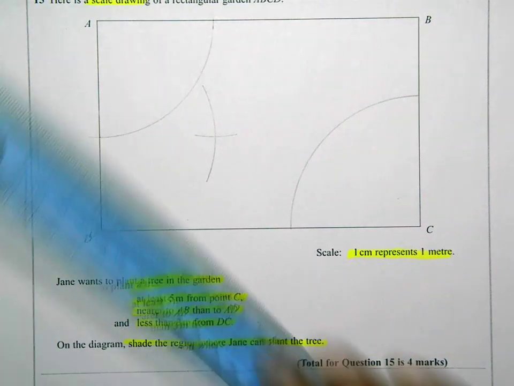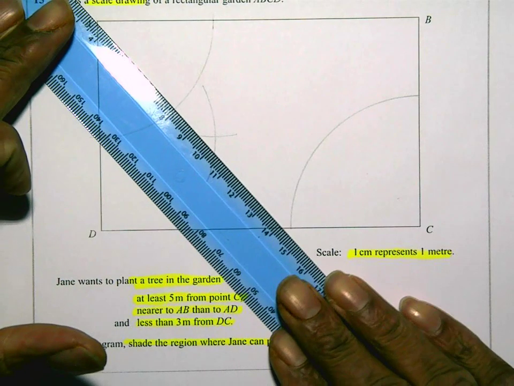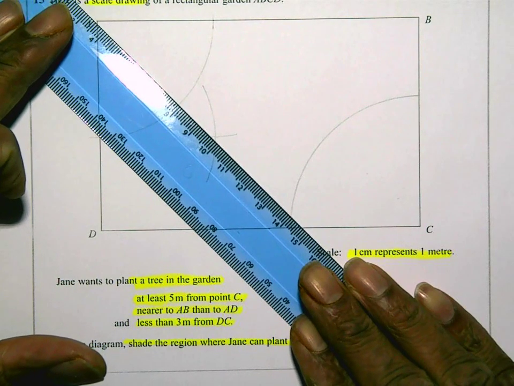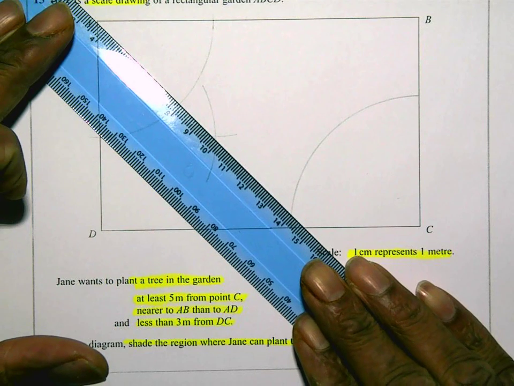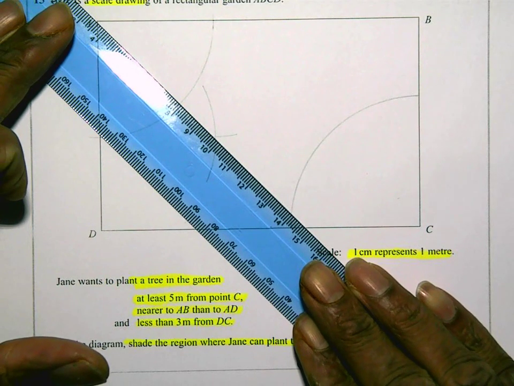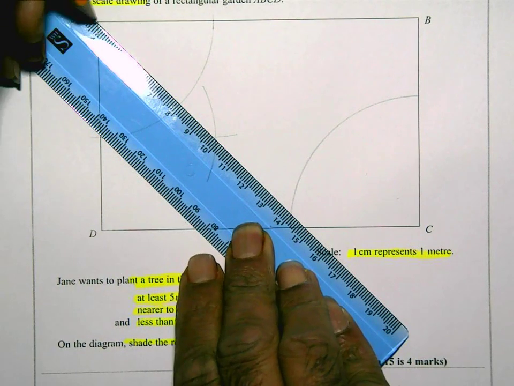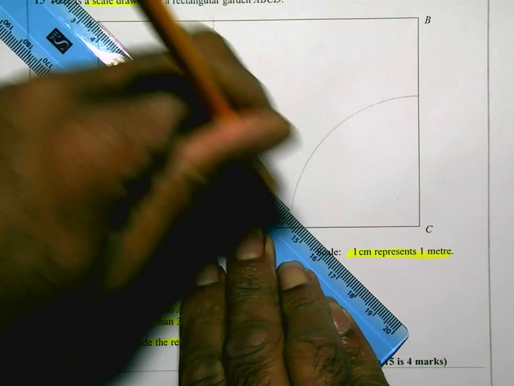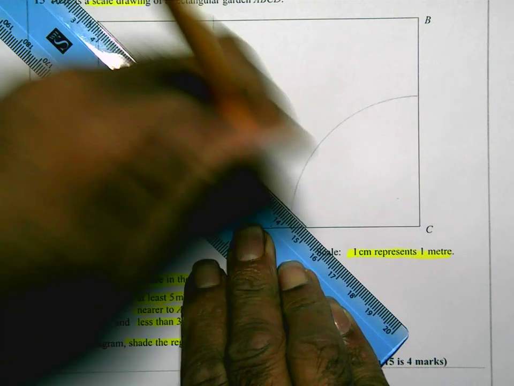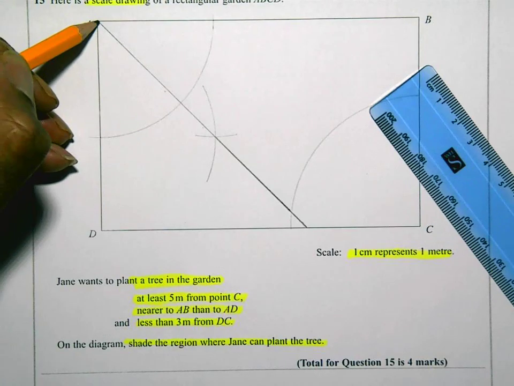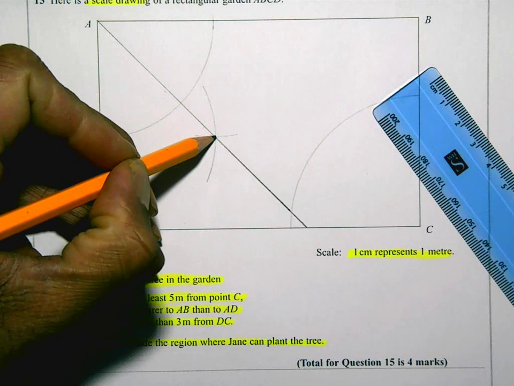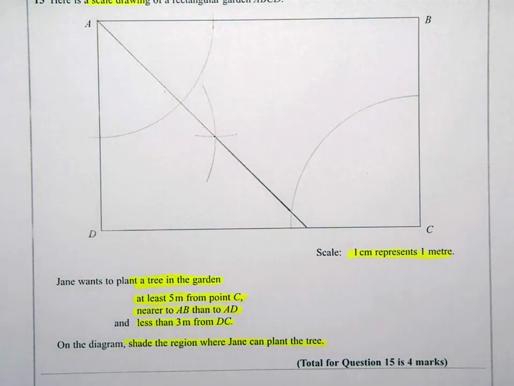I'm then going to use my ruler to draw a line from the corner where A is through the point where those 2 arcs meet, and I'm going to take that all the way through. Alright, so that's another mark for my construction.